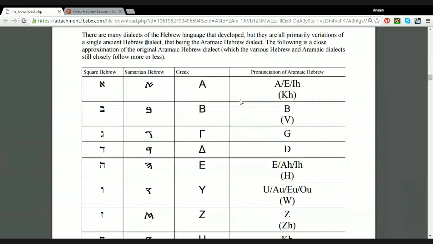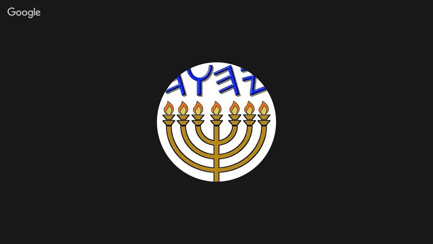So right here, for Aleph, you've got that as an A, an E, an I, and a KH as well. According to the scholars, Aleph is a guttural sound, they'll tell you. It's an H type of sound, they'll say. Like a gut sound, you know, like gluten.